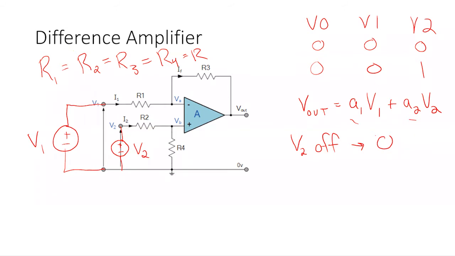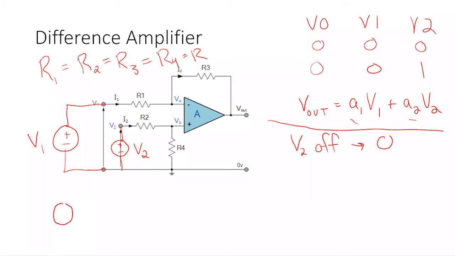How can I simplify the circuit down if V2 is off? If V2 is 0 volts, what do I do with the V2 source? I short it, so it's shorted to ground. So the circuit would look like this.